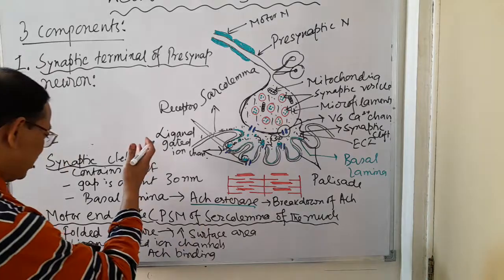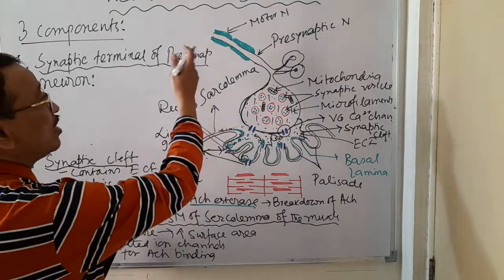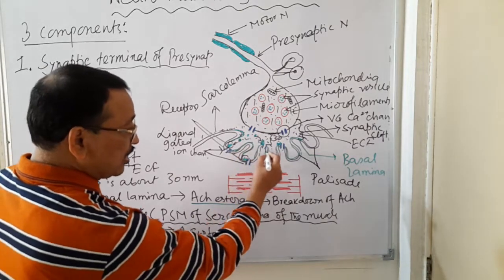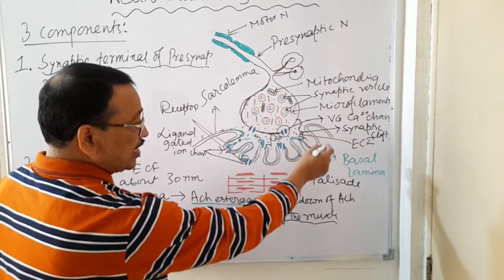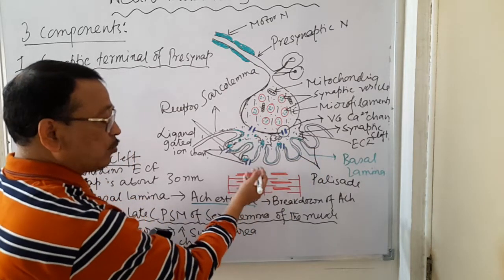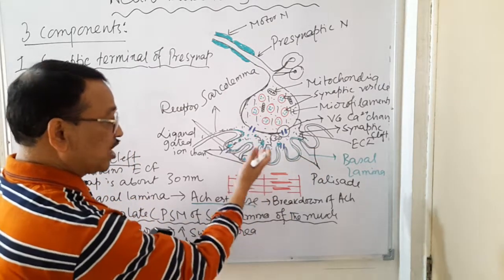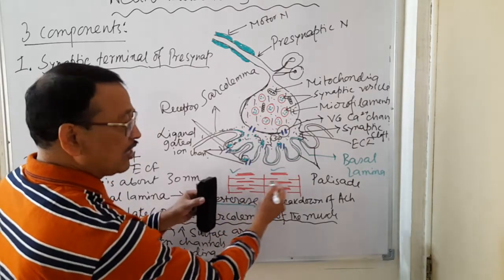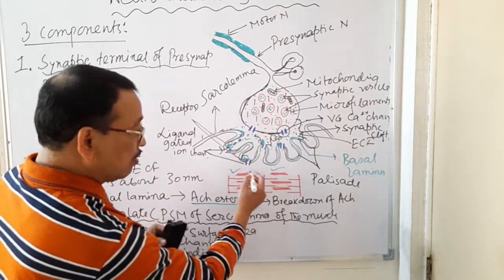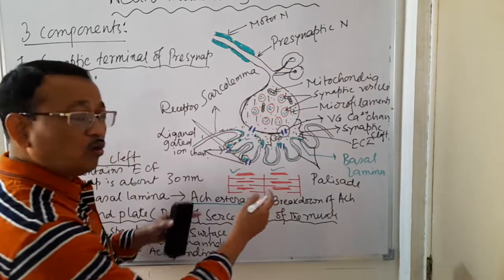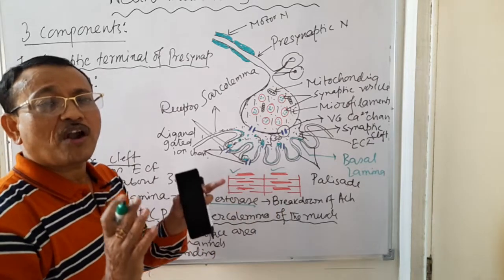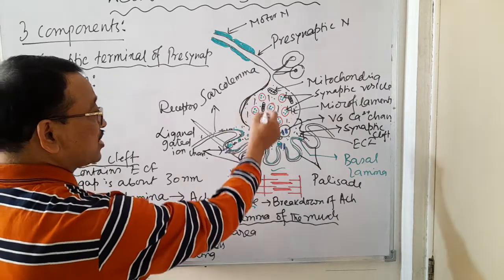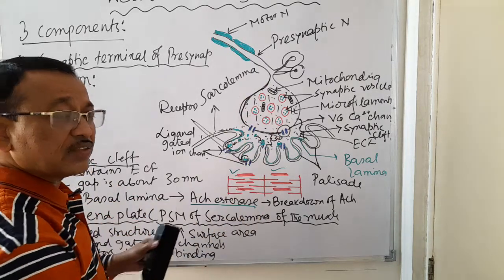So these are the three components of the neuromuscular junction, and once this muscle gets activated, the action potential is responsible for some chemical changes that are responsible for contraction of these myofilaments of the muscle fiber. So this is the structure of the neuromuscular junction.